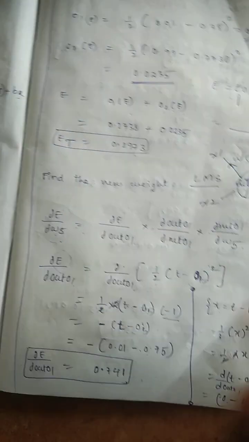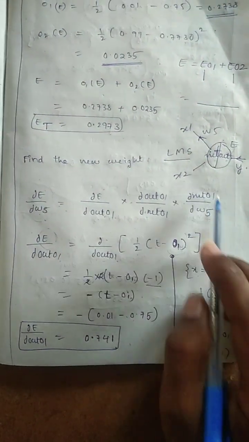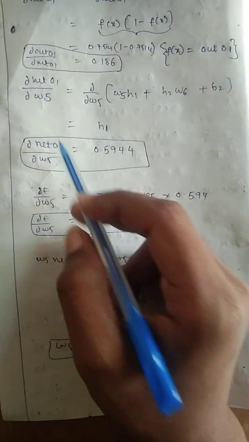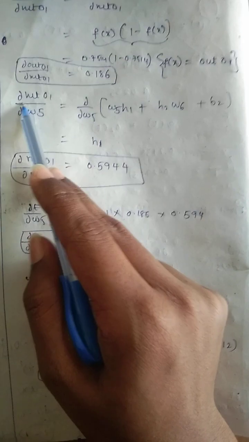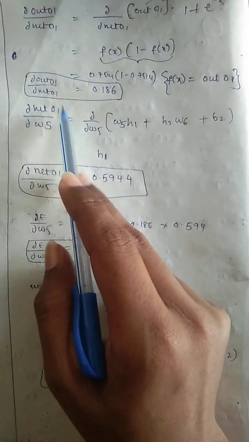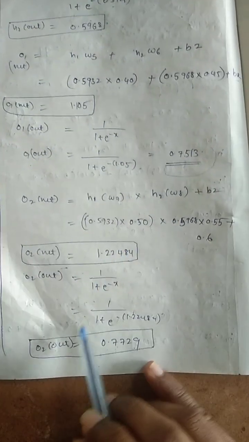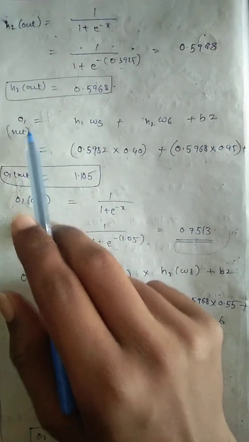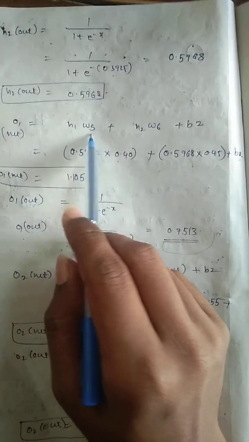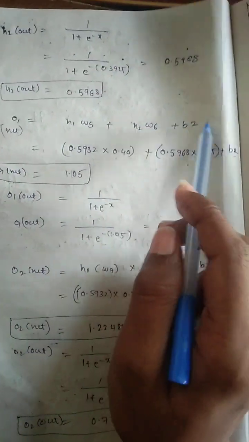And now we can go with the third part, net out 1 by w5. Let's see net out 1 by w5. Net out 1 means the formula of net out 1. Here we see the formula of net out 1. The net out 1 formula is h1 w5 plus h2 w6 plus w.